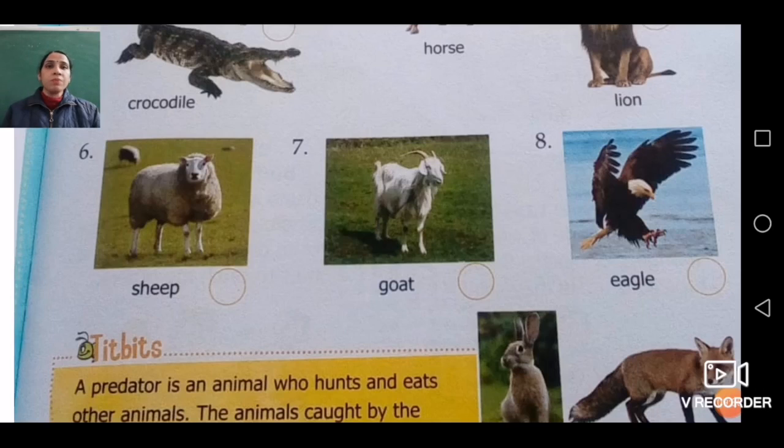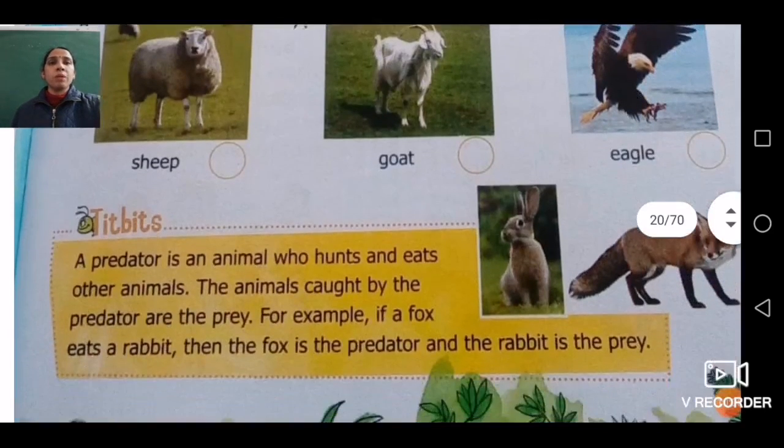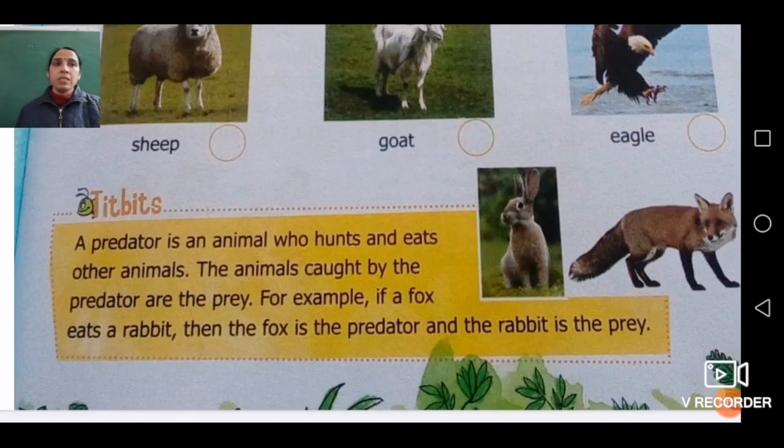Now children, with this we have finished food habits of animals. What are herbivorous animals, what are carnivorous animals, and examples of herbivorous and carnivorous. We have seen many examples of herbivorous and carnivorous. Now children, here we will be having one more important thing on this page which I want to explain to you, and a small thing you have to remember about it, that is in tidbits.